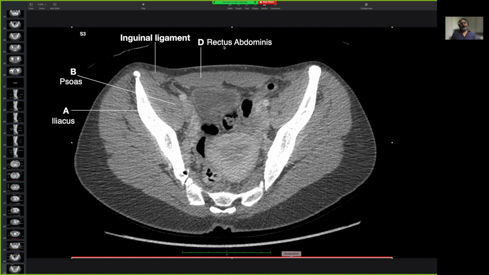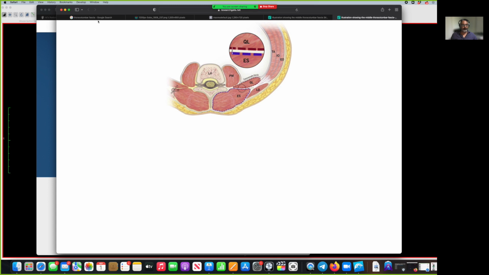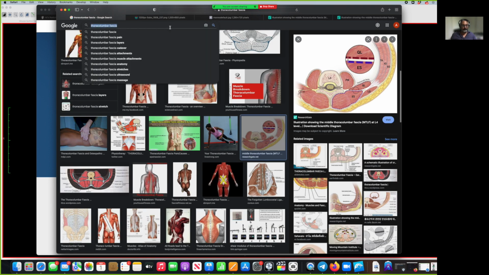Just from positioning, the rectus sheath, you're not wrong. All those muscles, when they get down to the pelvis, below the ASIS, just attach onto the inguinal ligament. So the inguinal ligament is the attachment of all those muscles. Let's see if it shows up properly.